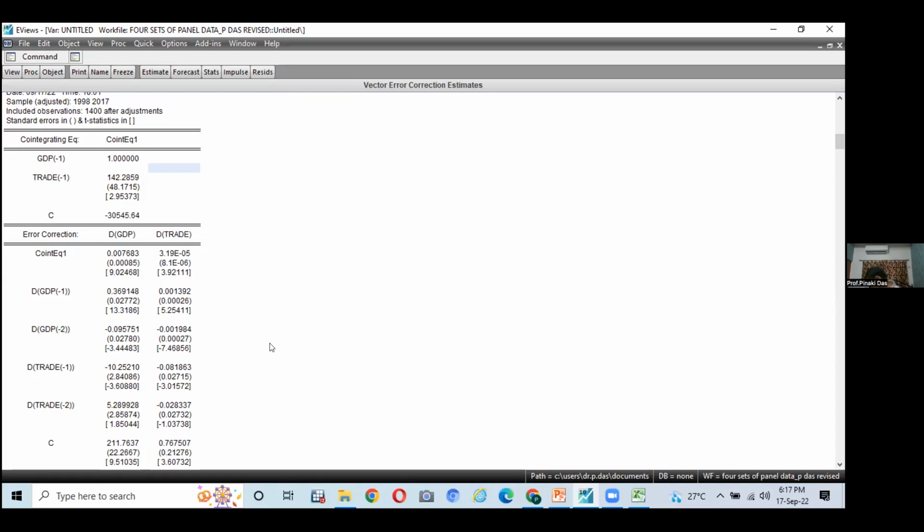Some suggested that a 1:5 ratio should be there. No. These types of specifications are not possible. If you have data of 2 cross-section units and only 10 time periods, then such short panel data are not fit for the panel unit root test, co-integration test or vector error correction model.